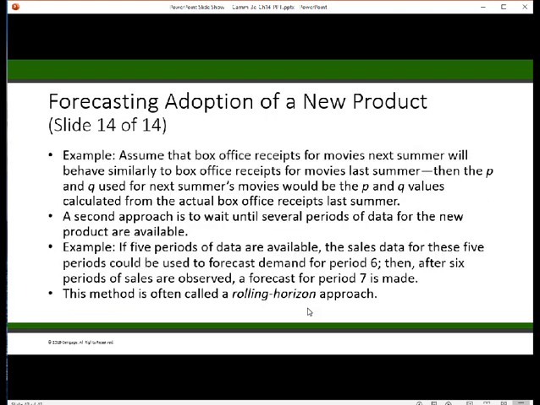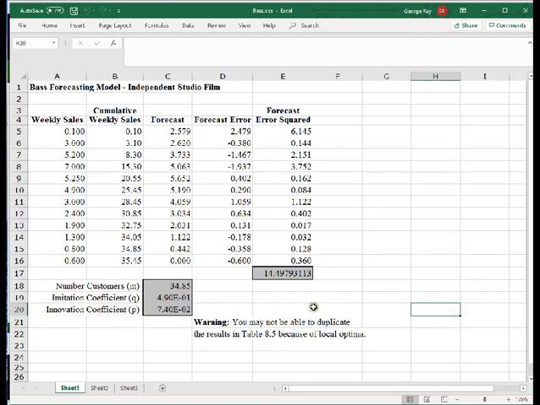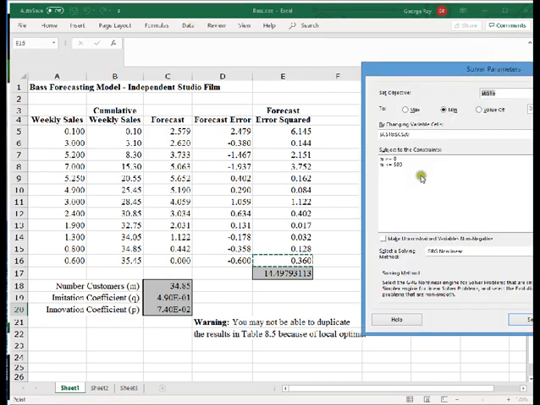And so we saw an example of this in our spreadsheet right here, and we have the forecast values versus the cumulative weekly sales, and we're going to minimize the sum of the squared errors by changing C18 through C20, the parameters of the Bass model.